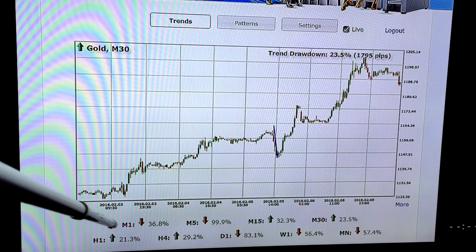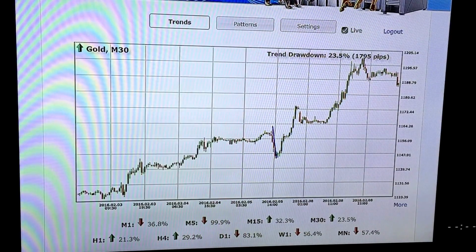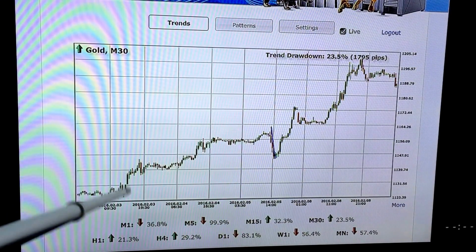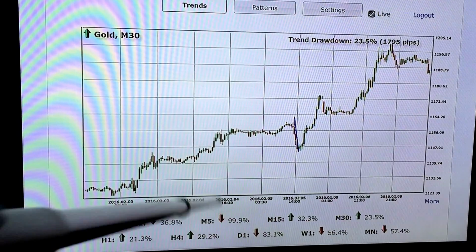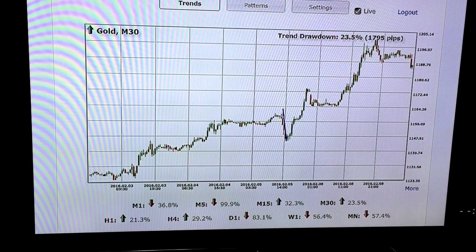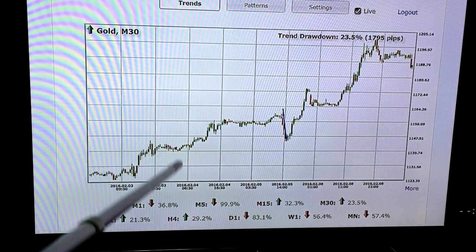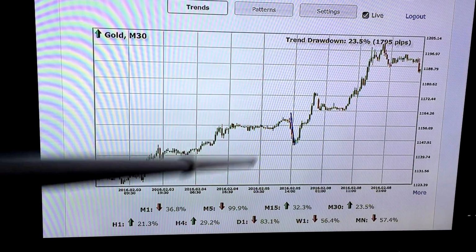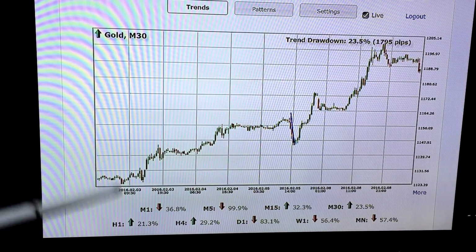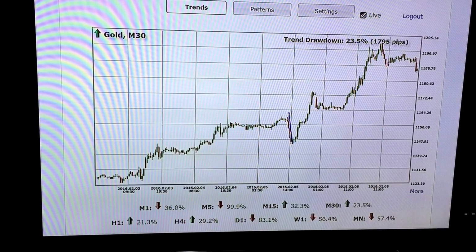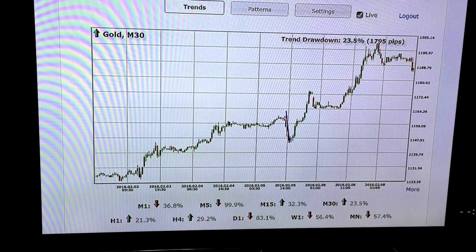All I care about is the 1 minute and 5 minute chart. I want them to start looking up. So when they start looking up, I pick up a trade for this gold. You see what that is? Very powerful chart, very powerful scanner.